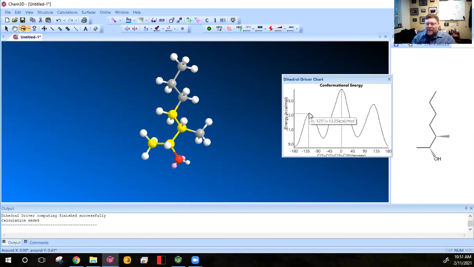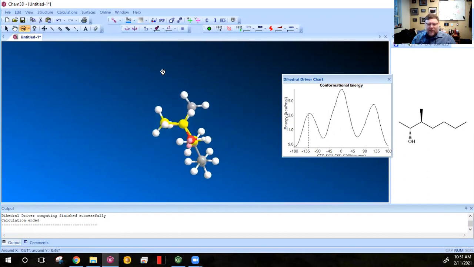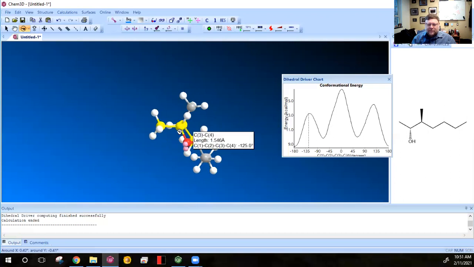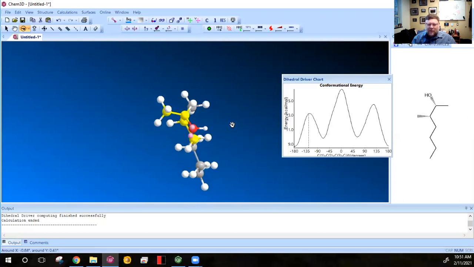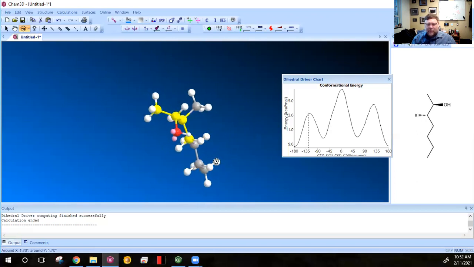What about this medium energy point? So let's come over here. Now, if we look down that, it's an eclipse. The three high energy points are all eclipse conformations, right? So here we have methyl eclipsing H, H eclipsing methyl, and then an OH eclipsing the butyl group.